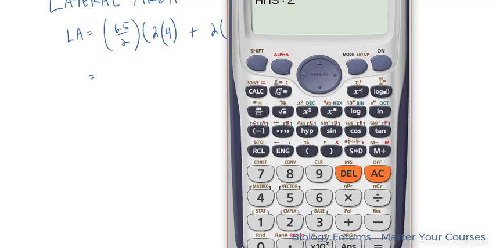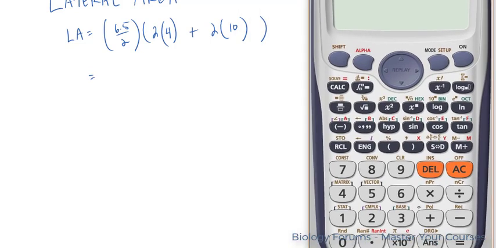And we will use our calculator to compute this. 6.5 divided by 2 times 8, which was 2 times 4, plus 2 times 20, which is 20. Now, let's see if we made a mistake here.